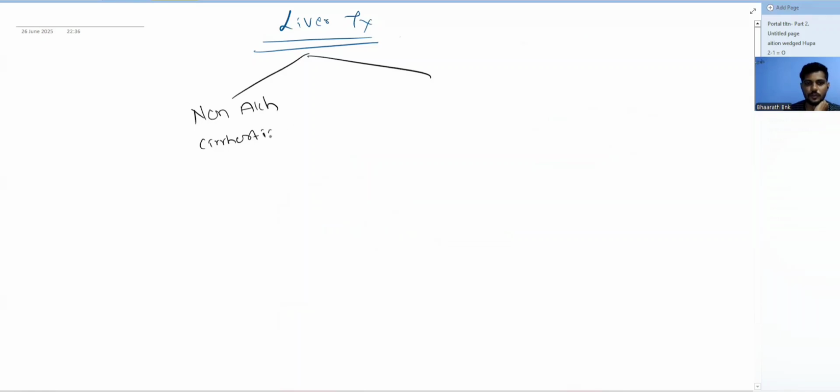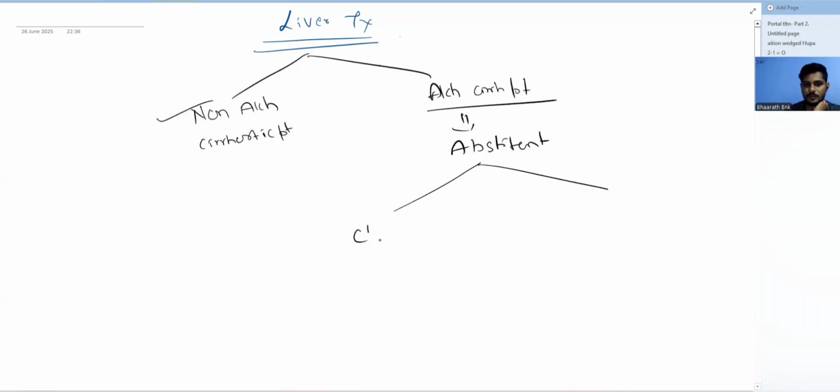Or if they are alcoholic cirrhotic patients, these patients should now be abstinent from alcohol, and these patients should have a deranged functional capacity of the liver, that is, the functional hepatic reserve is reduced, Child-Pugh B and C, or their quality of life is reduced, right?